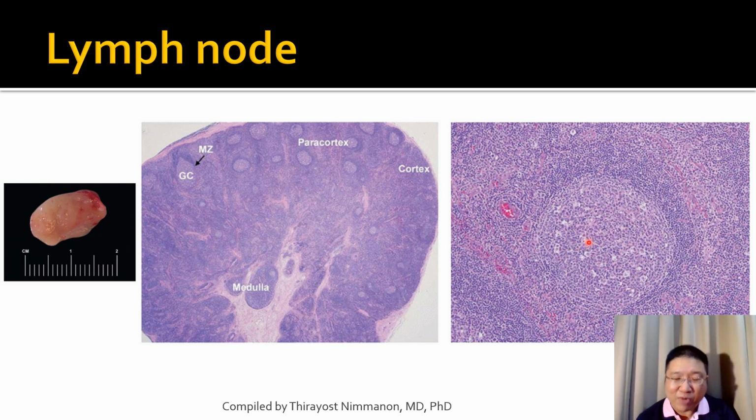But in an abnormal or neoplastic follicular pattern, the germinal center will contain no tingible body macrophages, and the boundary is blurred or fuzzy. So these two features are very helpful to differentiate reactive germinal centers from neoplastic germinal centers.